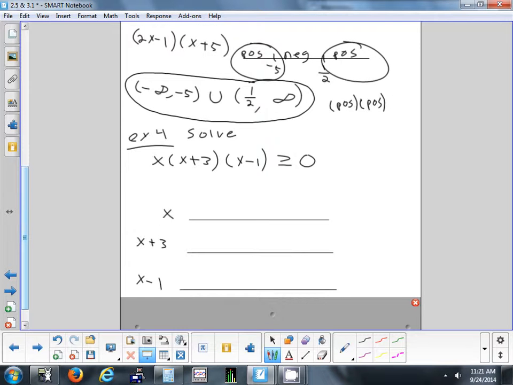So here's a cubic that's already been factored for you. Okay, let's start with the roots. Kobe, what number would I plug in to the first factor to make it 0? So which one? The first factor, x. -3.